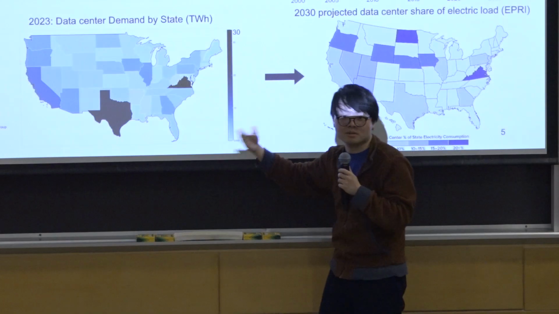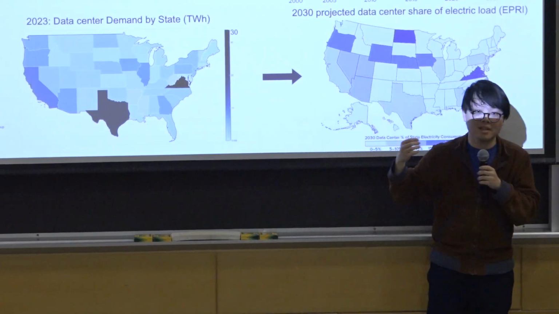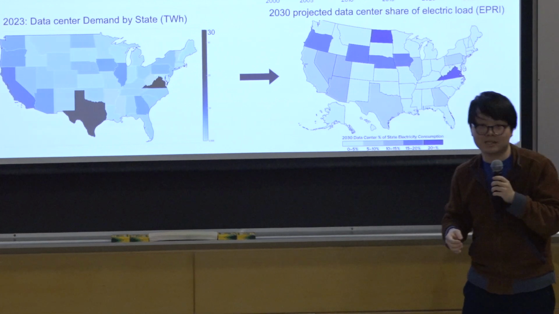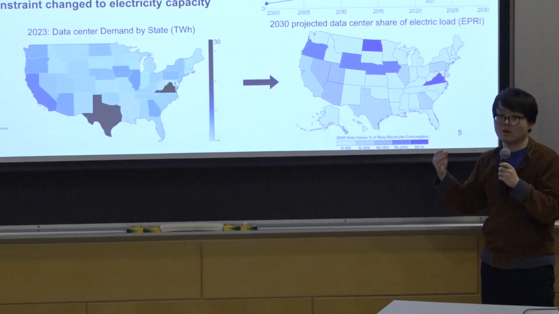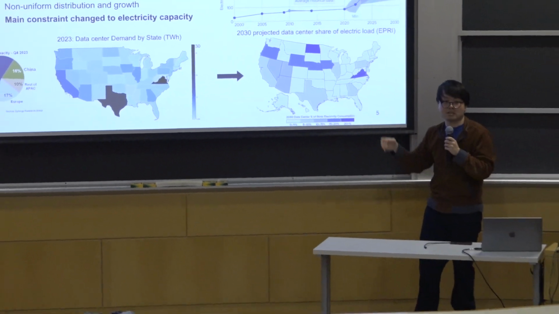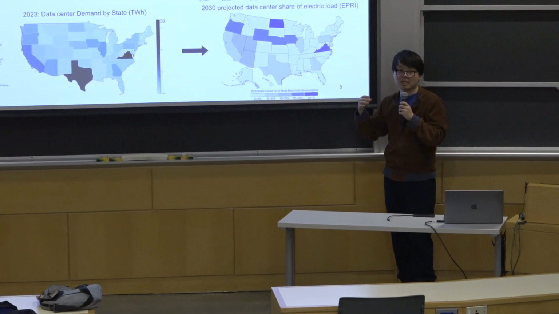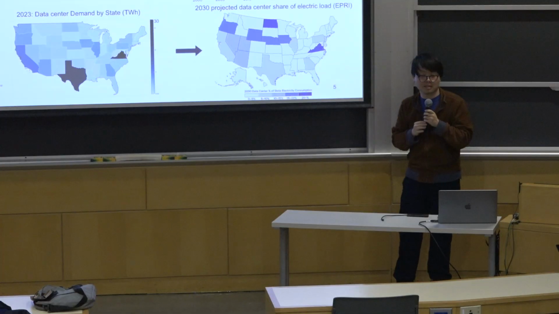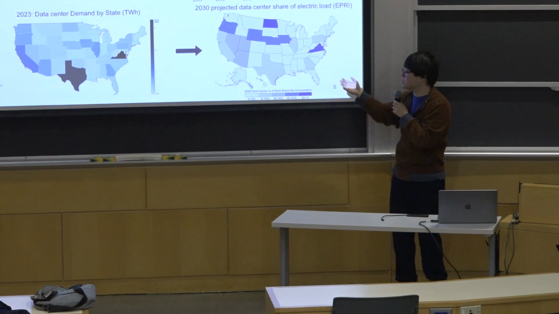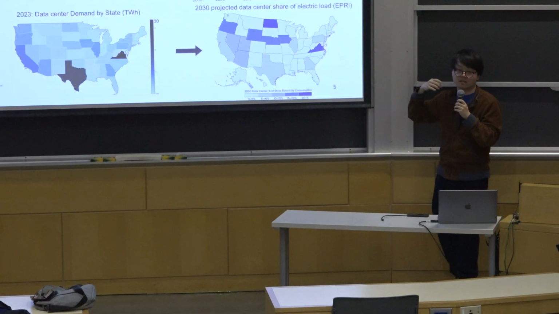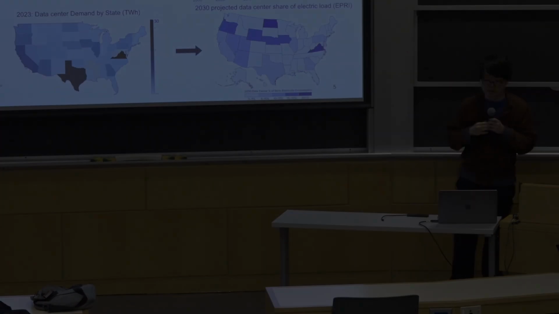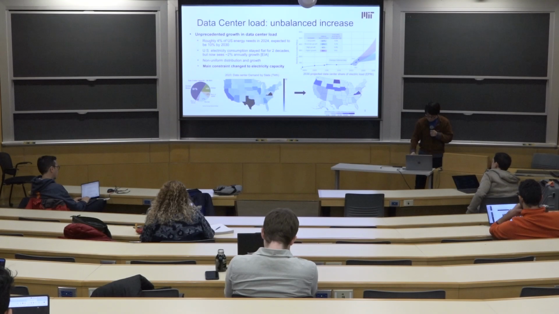Texas has become so popular these days because ERCOT has additional capacity, and ERCOT is probably the only major grid in the US that is still very aggressively expanding its capacity. So a lot of new data centers are going to be built in Texas. This kind of growth is also very unbalanced.